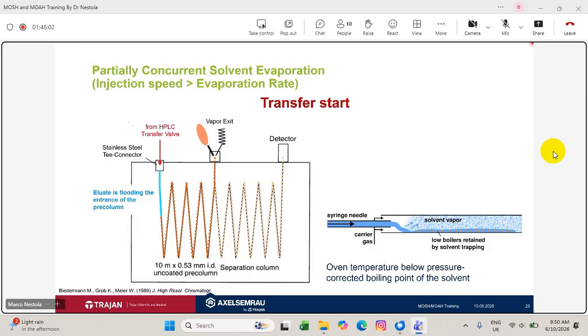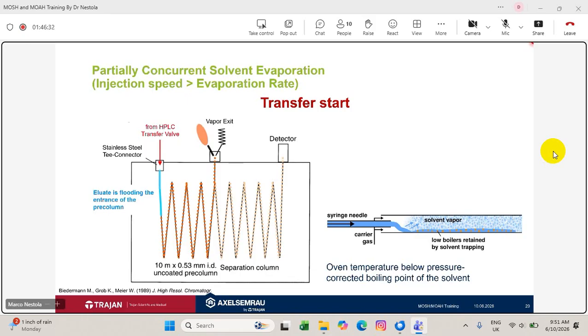That is exactly the same principle you would apply when you are doing a nitrogen purge on a liquid in the lab. Even at 20 degrees, you can evaporate hexane, which has a boiling point of 70 degrees, just by putting nitrogen on top of it. That's exactly the same idea here. So for this application we have 60 degrees, which is below the boiling point of hexane.